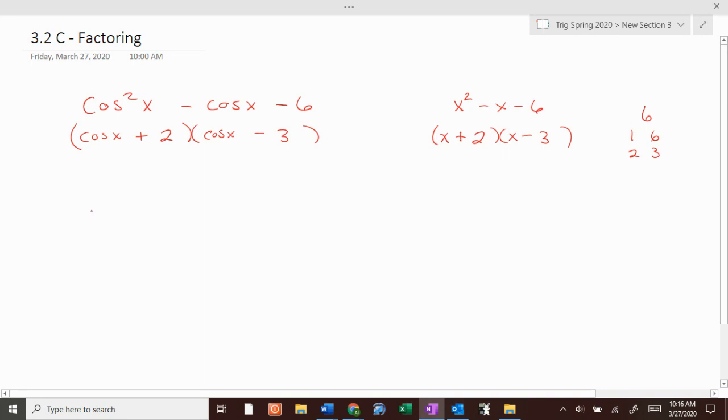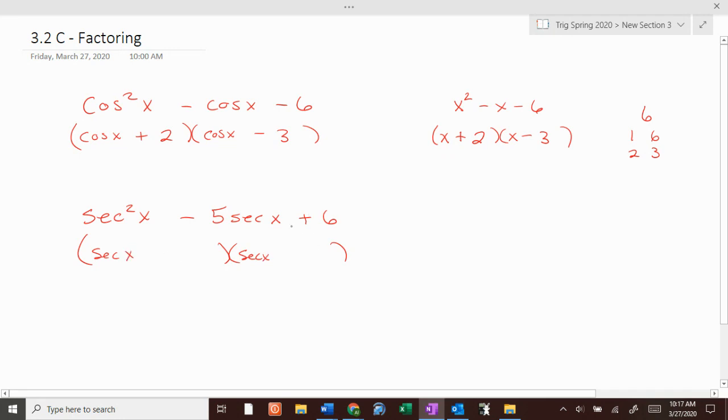Let's say we have something like secant squared of x minus 5 secant of x plus 6. Okay. Well, we know secant squared has to be secant and secant.